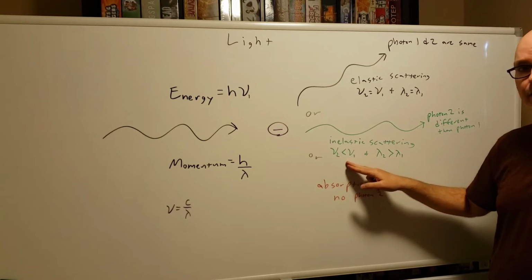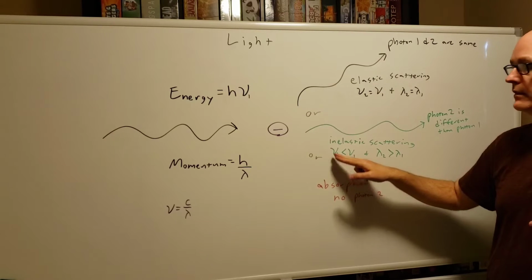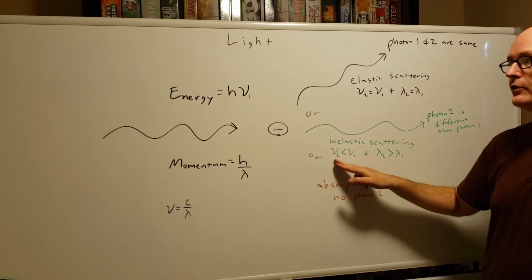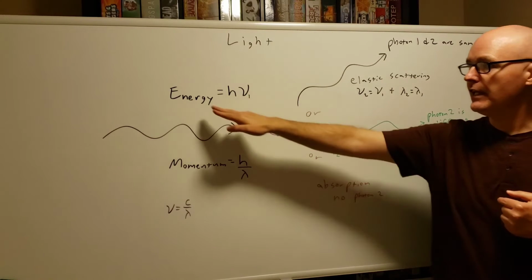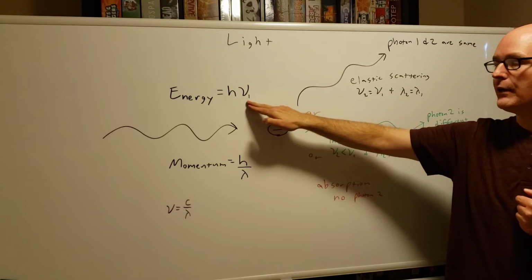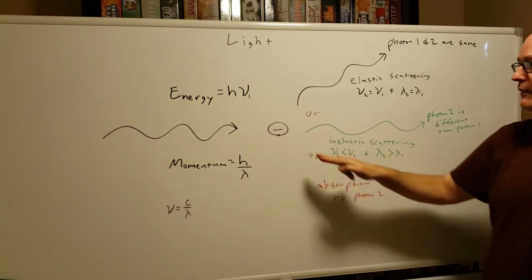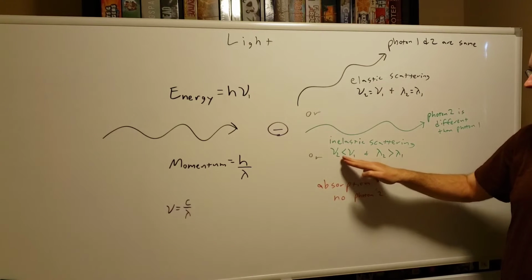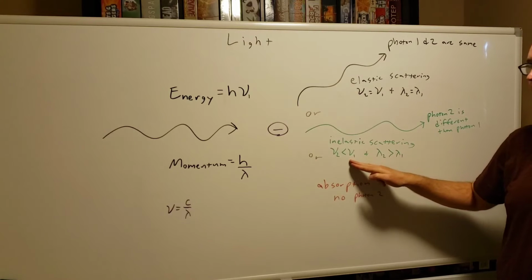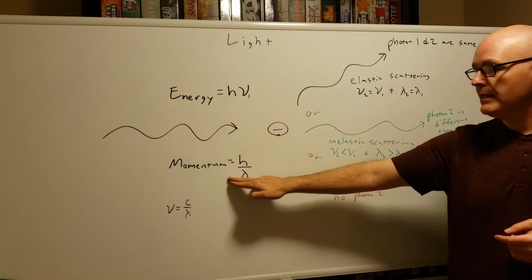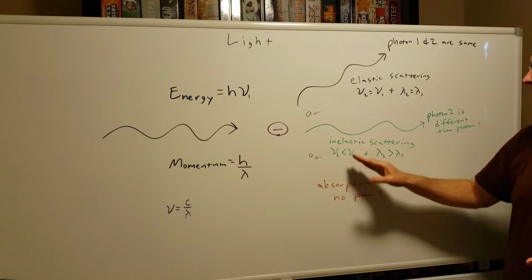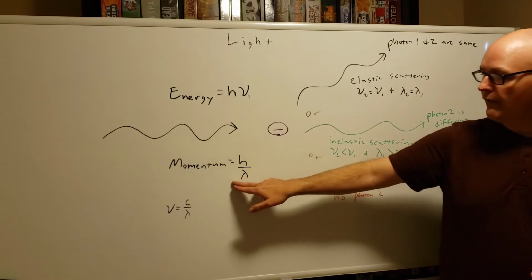Because it has less energy, the frequency of our new photon has to be smaller, right? If the energy went down, Planck's constant is a constant, therefore the frequency must have gone down. Since the frequency went down, I have a lower frequency on photon 2 than I have on photon 1. Momentum was also given away, right? So it lost the momentum. Inversely proportional.